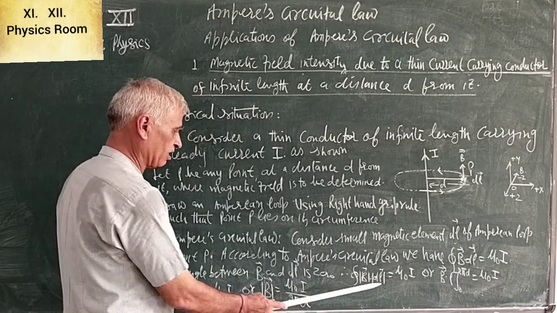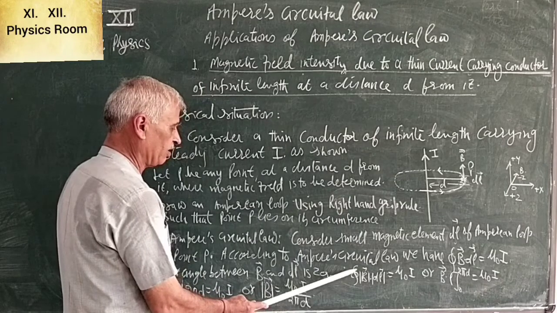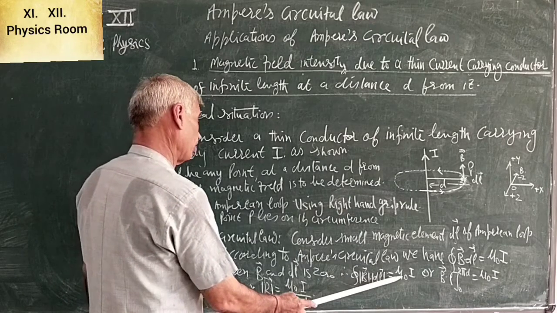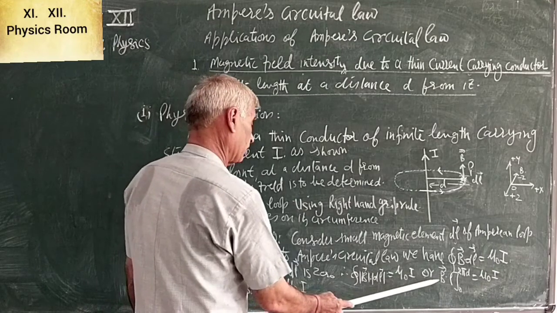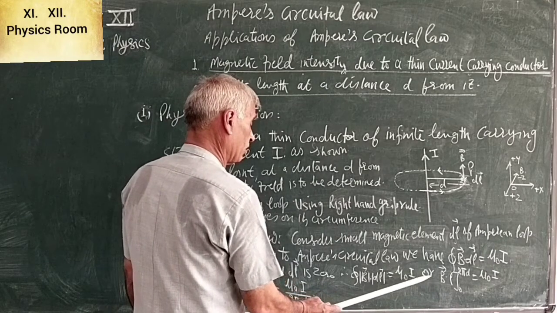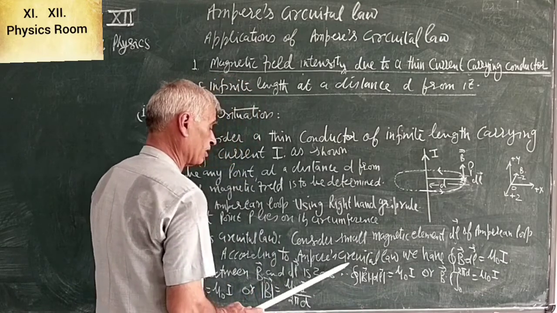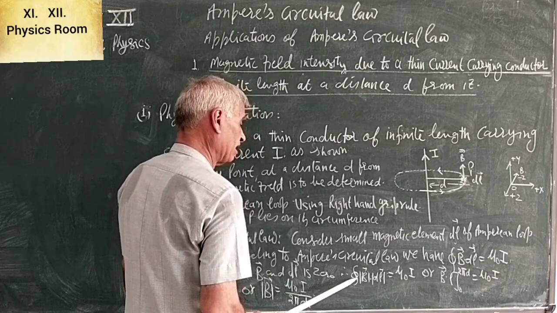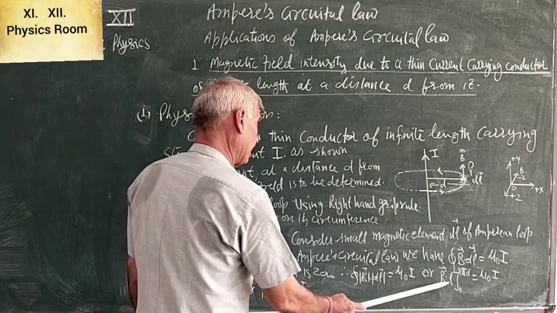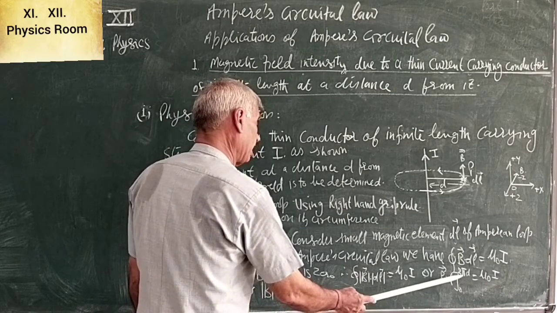Now the line integral of magnetic field over the whole loop is equal to mu 0 I. Integrating over length, this part will be equal to B into L, because the integration of dl is L, and L varies from 0 to 2 pi d.